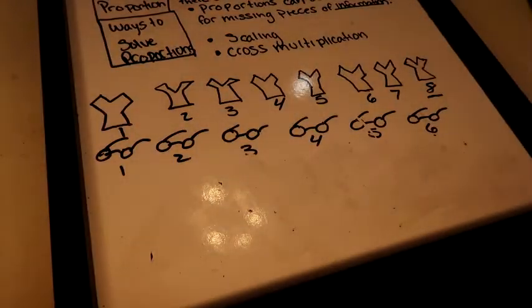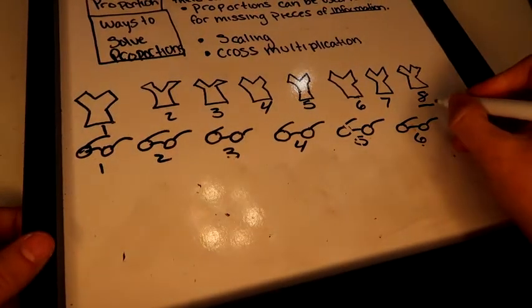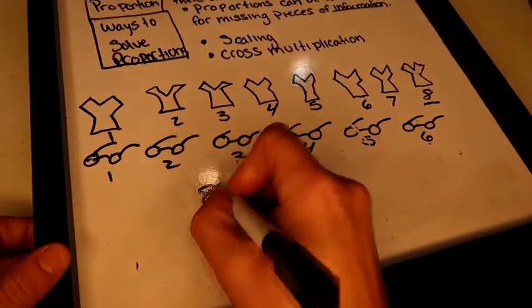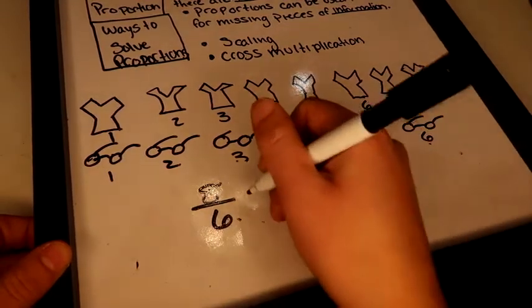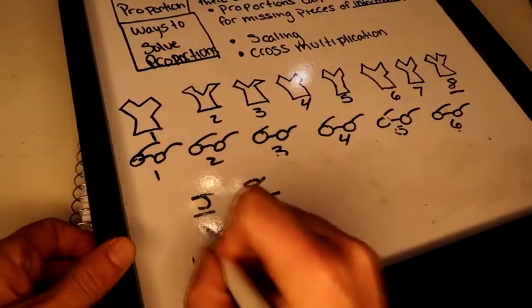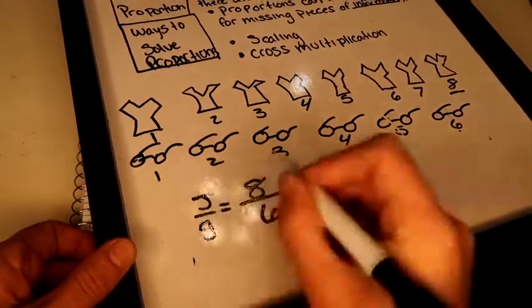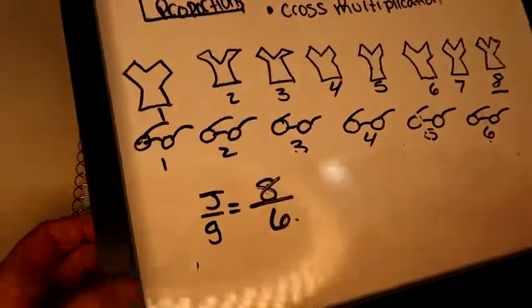So, we're going to go back to number 1, where we said that there are 8 jackets and there are 6 pairs of goggles. So again, just on your side, I would write J over G. The J stands for jackets. The G stands for goggles.